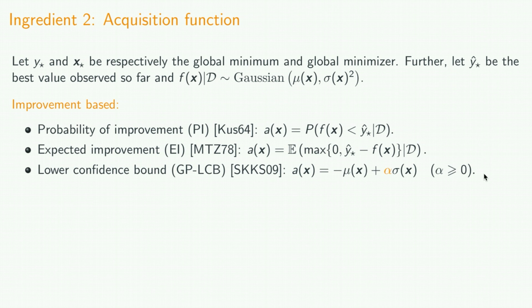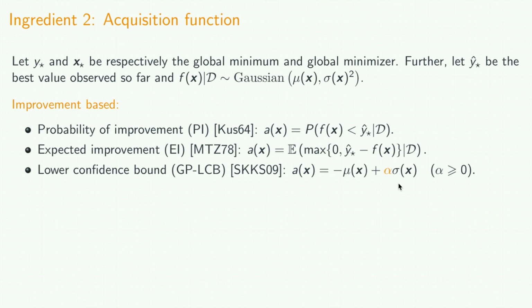Another more recent criterion is the upper confidence bound, specialized to Gaussian processes. And it has a very natural interpretation. It's essentially a weighted sum of the mean function and the standard deviation.